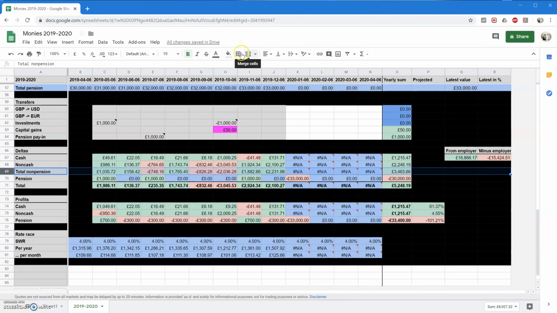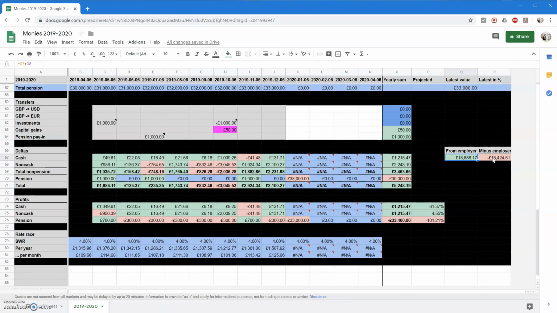This is an important row, so let's bold it. There. So for the year so far, the total net worth has gone up by 3,463, but because employment gave me this much, had I not worked at all, I would have made a loss of 15,000.